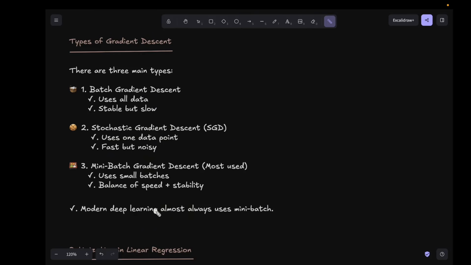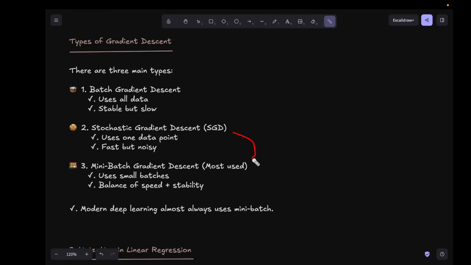So modern deep learning almost always uses mini batch. Modern deep learning models use mini batch gradient descent because it gives the balance of speed and stability because of small batches. Sometimes mini batch gradient descent also uses SGD, stochastic gradient descent, because it is fast.